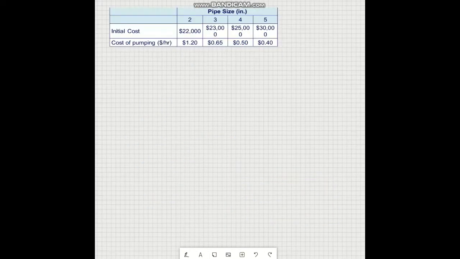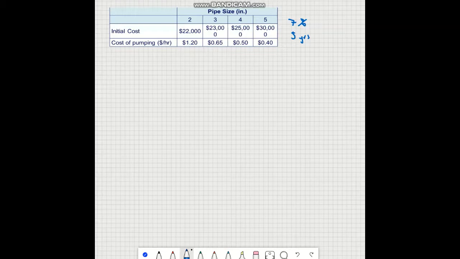All right, let's jump to an example where we have multiple choices. Let's put 7% interest rate again. Let's put that aside and compare for 5 years. What we have is pipe sizes.